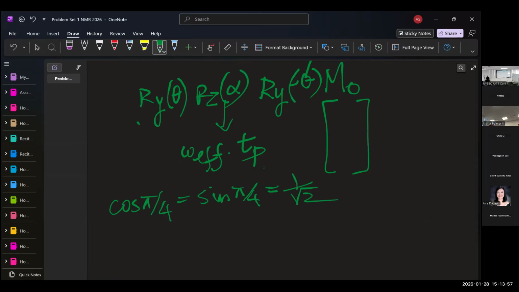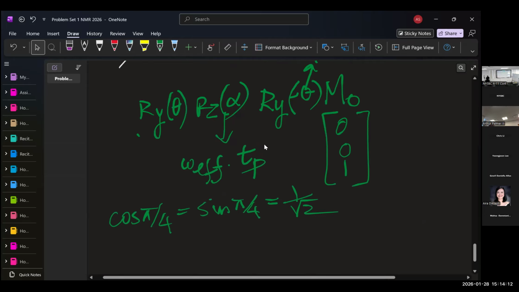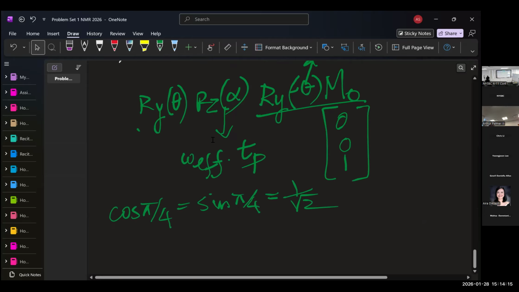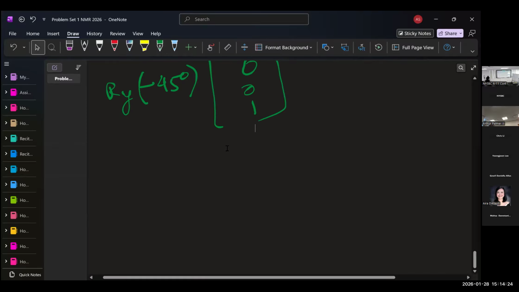And if we think of m0, we start on z. So how does that unit vector look in terms of its 3 components? To start at z: 0, 0, 1. Right. This is where I'm going to start rotating, with this operation. So I'm doing Ry minus 45 from 0, 0, 1.